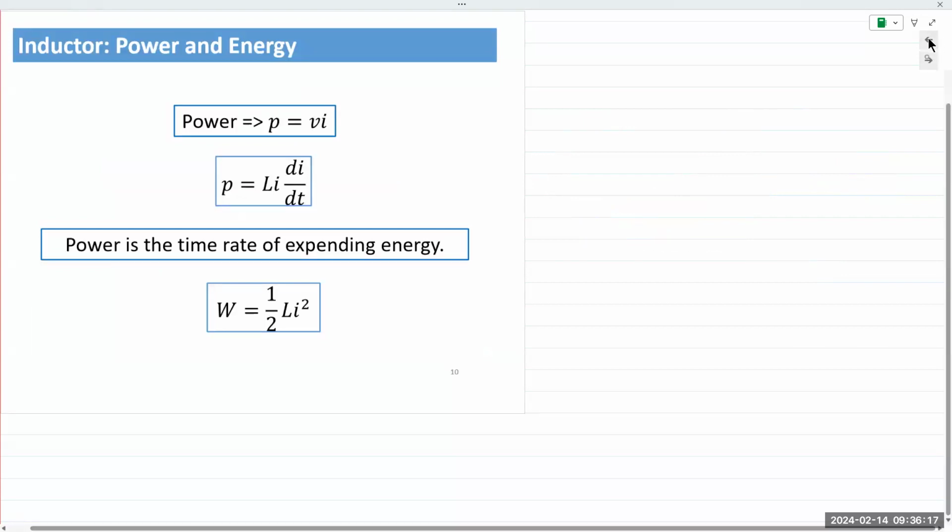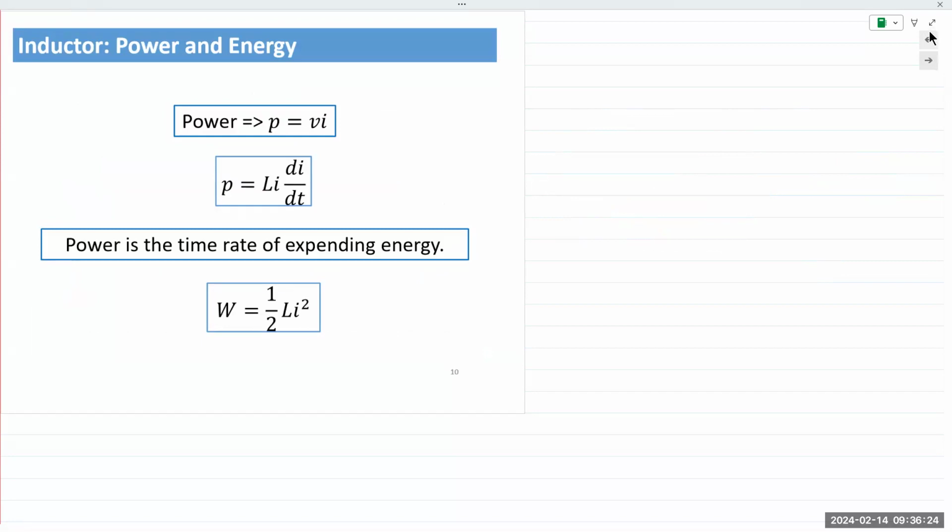Power is given by VI. Electrical power is always the product of the voltage and the current, VI. So simply plug in the values that we obtain for V and I for an inductor, and we get Li di over dt. Voltage is L di over dt multiplied by I, so you get Li di over dt. And then, of course, there's a derivation to determine the energy. This should be lowercase w.